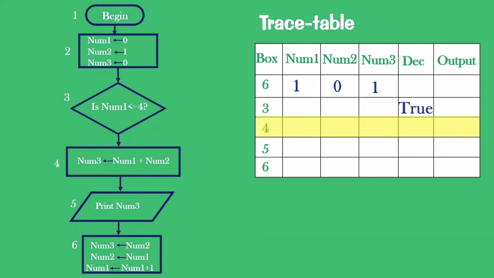At step number 4, we write 1, which is the result of adding 0 and 1. Now, step number 5, we output a 1. Good. Step number 6, we write 0 in num3 and 1 in num2, and finally we write 2 in num1.